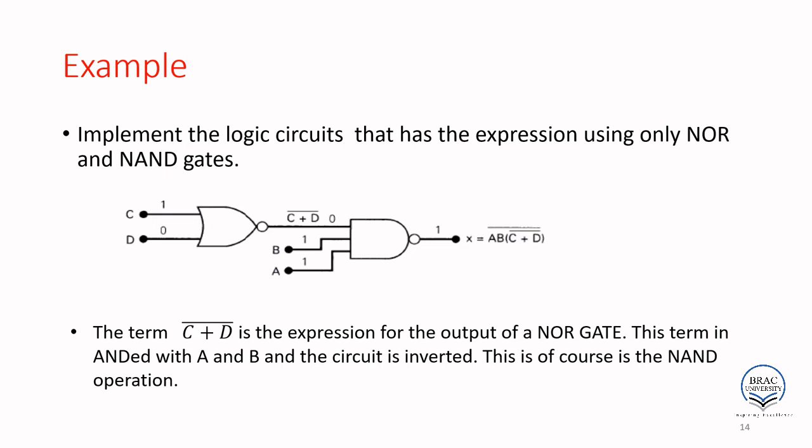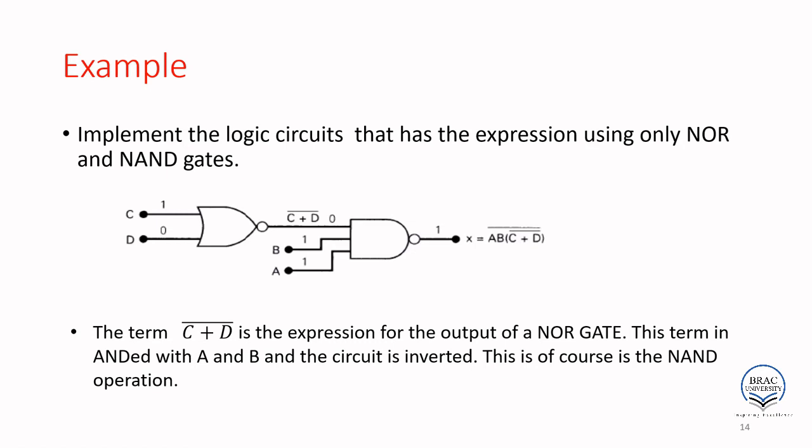Now implement the logic circuit that has the expression using only NOR and NAND gates. So here, this is our NOR gate and this is our NAND gate. C and D are inputs, then C and D bar, then C and D bar and B, A. So this is an AND gate.